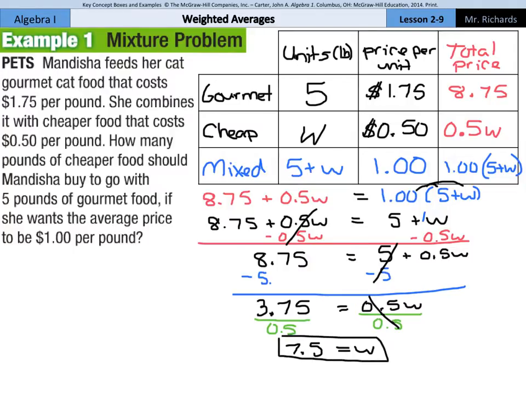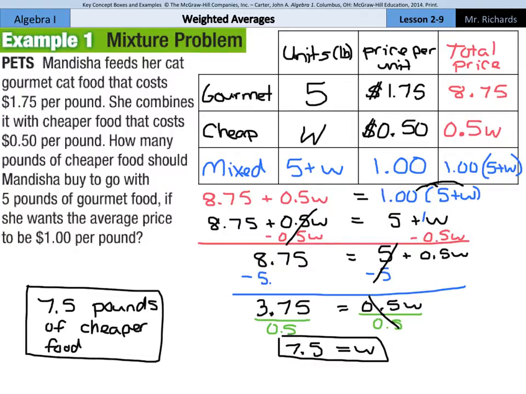She should buy 7.5 pounds of cheaper food to go with that 5 pounds of gourmet food that she was buying.